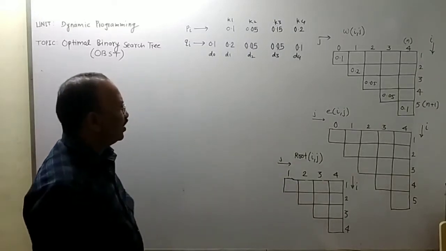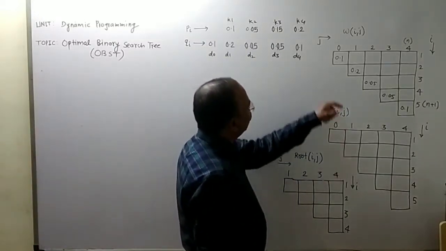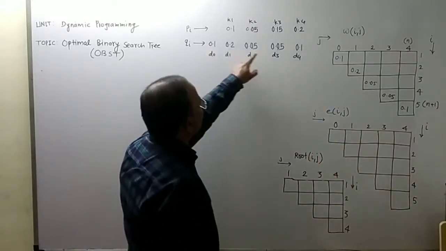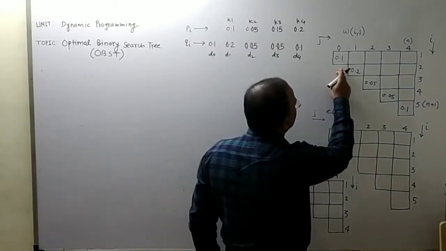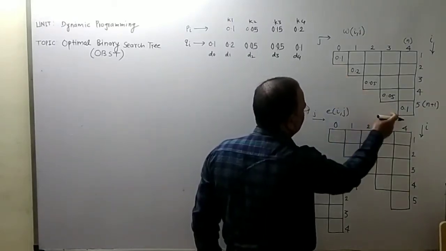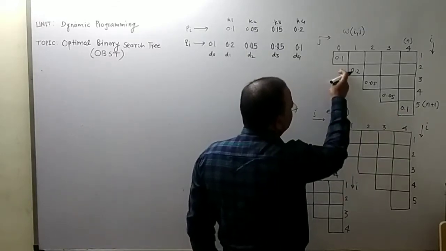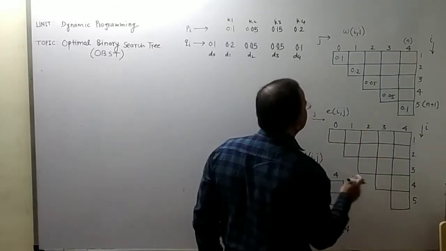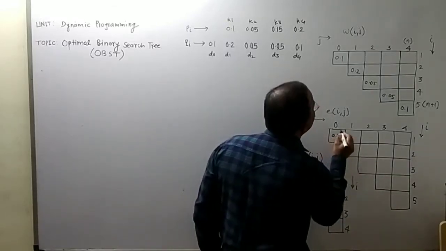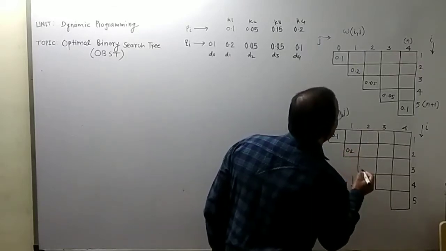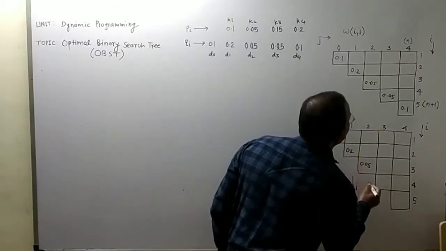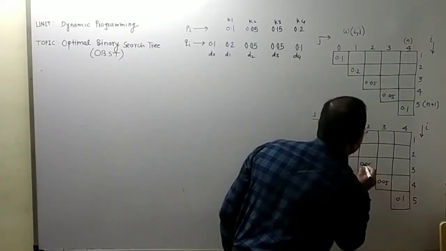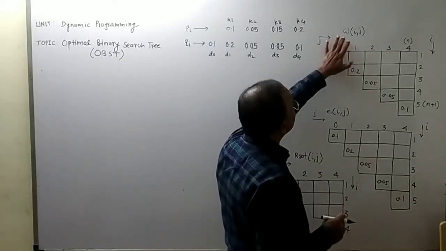Similarly, in E table also we have to put the probabilities of the dummy keys, means these values. Once we have put the probabilities of dummy keys in the bigger diagonal, the same probabilities have to be inserted in the bigger diagonal cells of the E table. That is 0.1, 0.2, 0.05, 0.05, then 0.1.